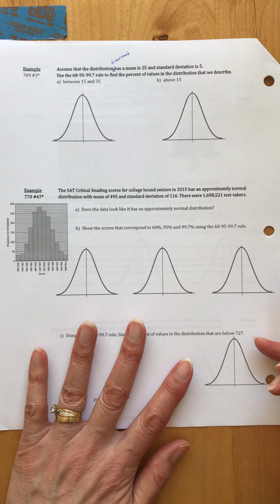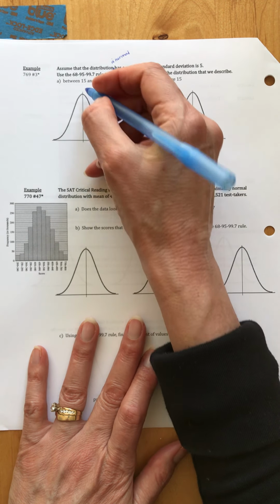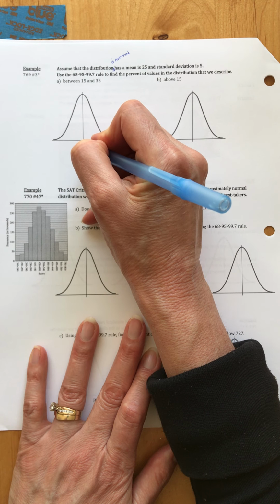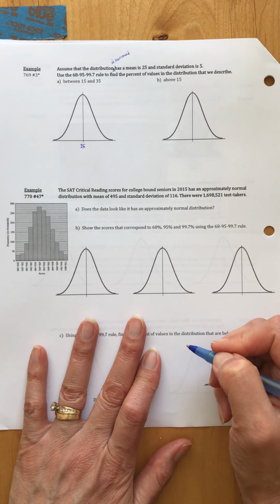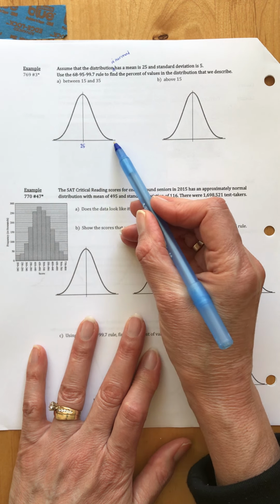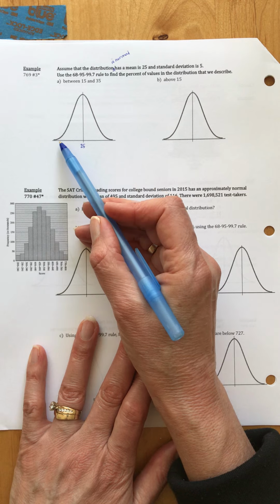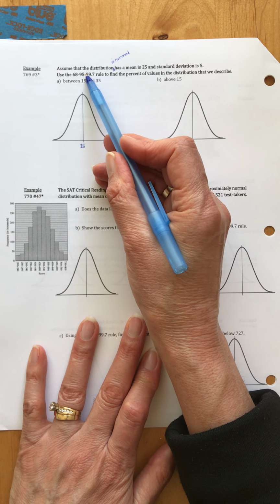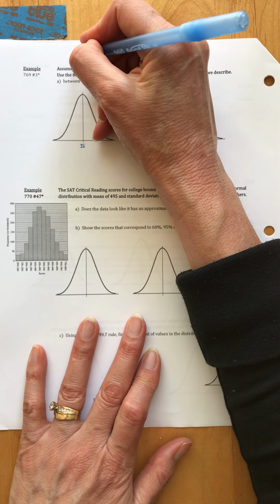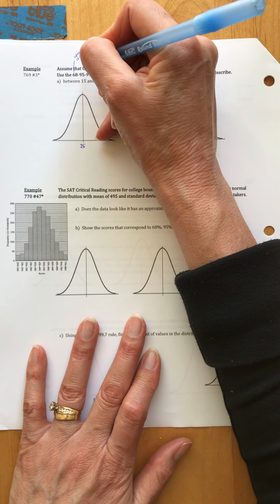Okay, so the way we're going to do these problems is the first thing we're going to do is put the mean right in the middle, which is 25 for this particular problem. Then we're going to break up this line down here and put some numbers on it. This is within 1 standard deviation.